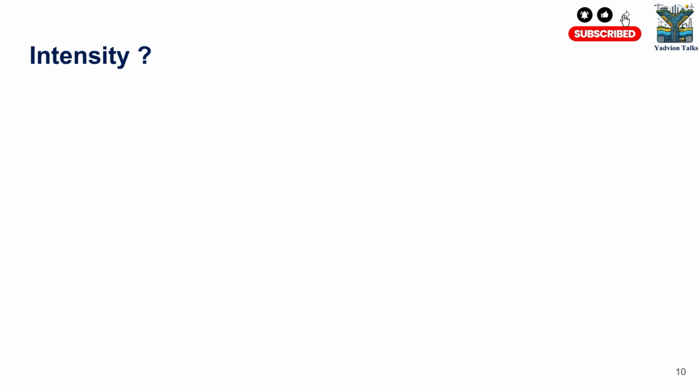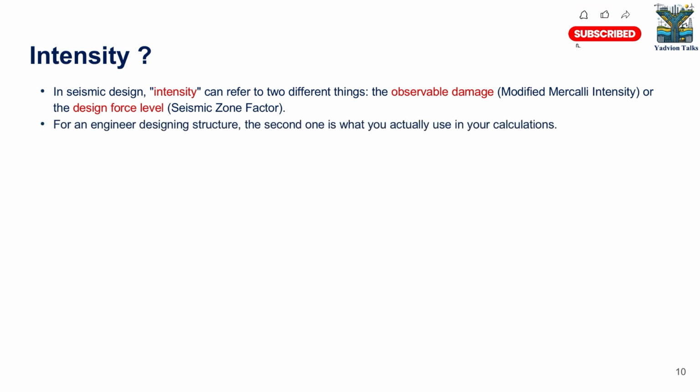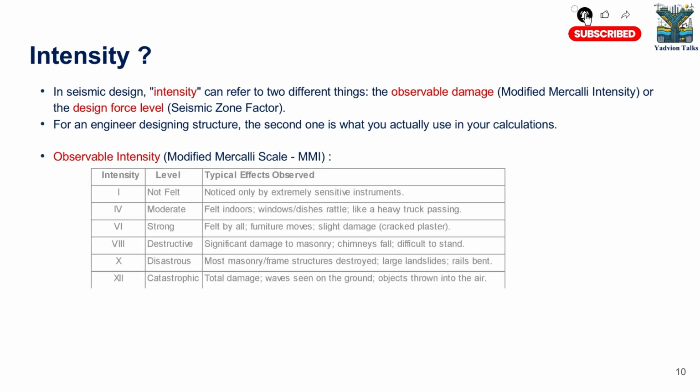You have often heard about intensity. What is intensity? Intensity can refer to two different things: observable damage and design force level. The design force level is called the seismic zone factor. For an engineer to design a structure, they require the design force level, right? Observable intensity is basically the modified Mercalli scale.